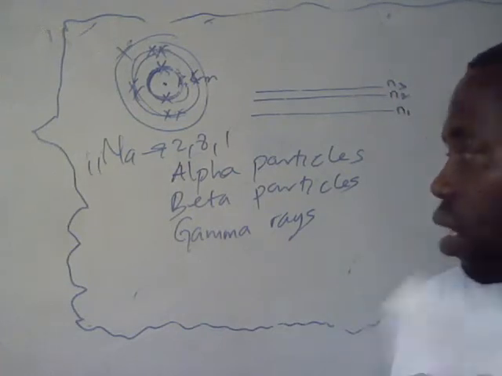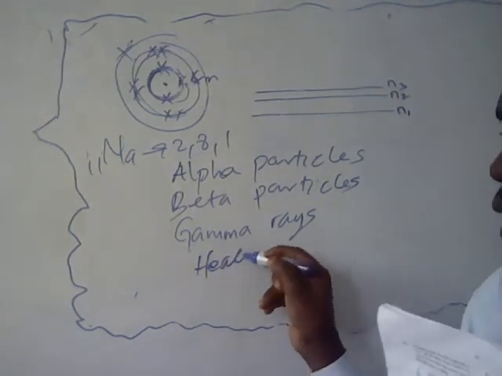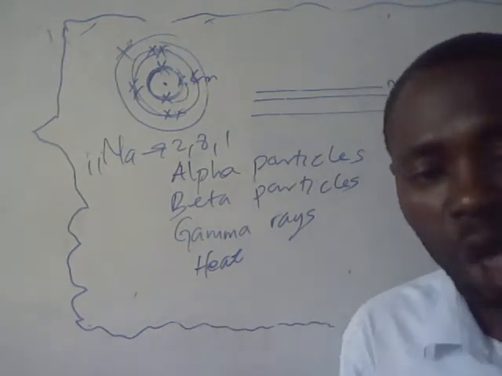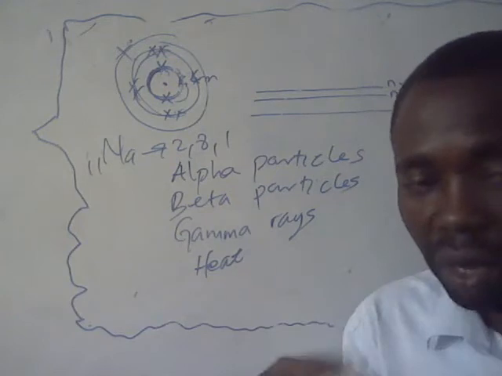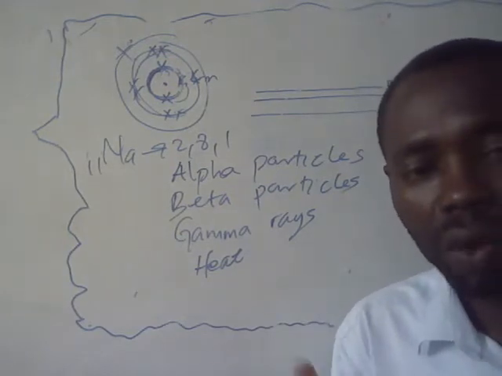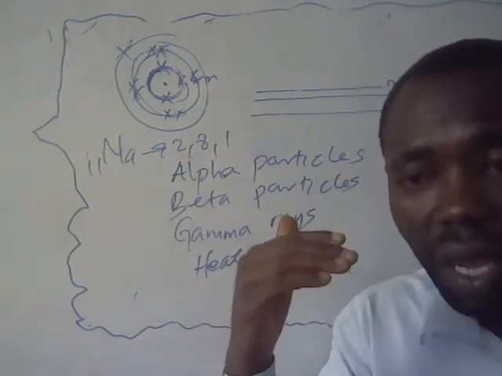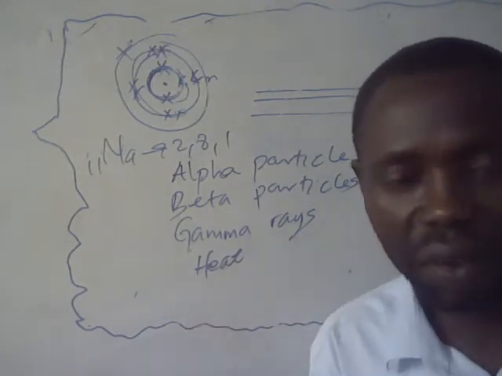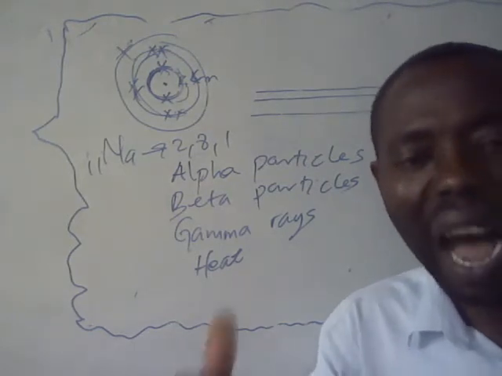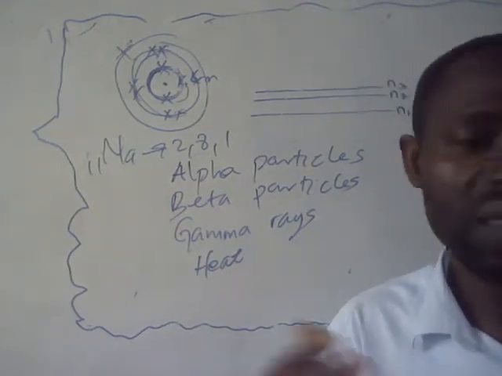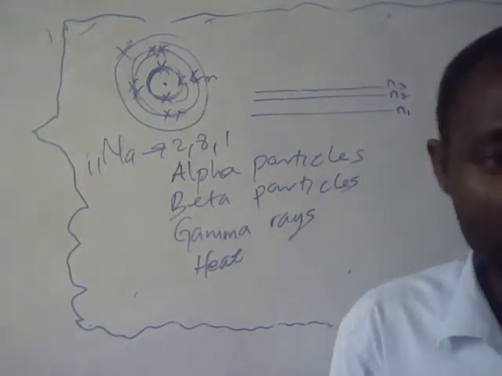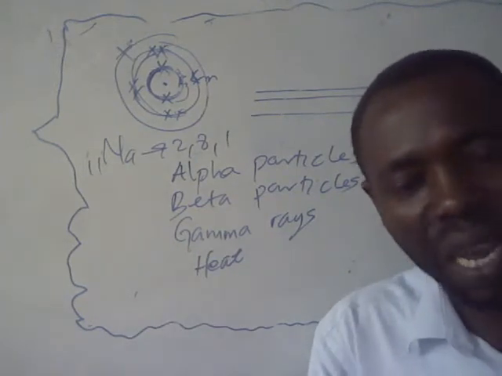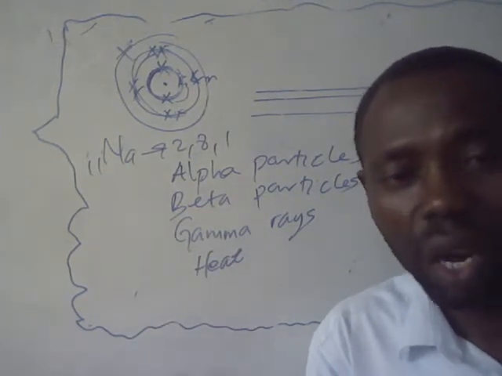D, heat. Yes, heat will be released when a radioactive substance disintegrates, during nuclear fission or nuclear fusion. Nuclear fission is when the nucleus of a radioactive substance disintegrates or decays to approximately half of its original mass, into two relatively light nuclei, with the release of energy in the form of heat.